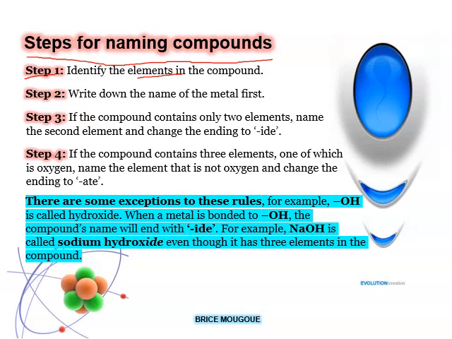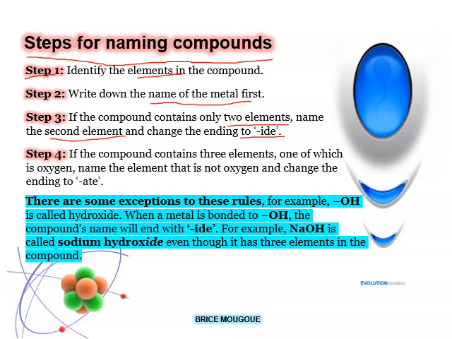The second step, after we've identified the elements, will be to write the name of the metal first. If you go back to your periodic table, you will see that some elements are metals, others are non-metals, while others are semi-metals. The third step: if the compound contains only 2 elements, then we name the second element and change the ending to "ide".